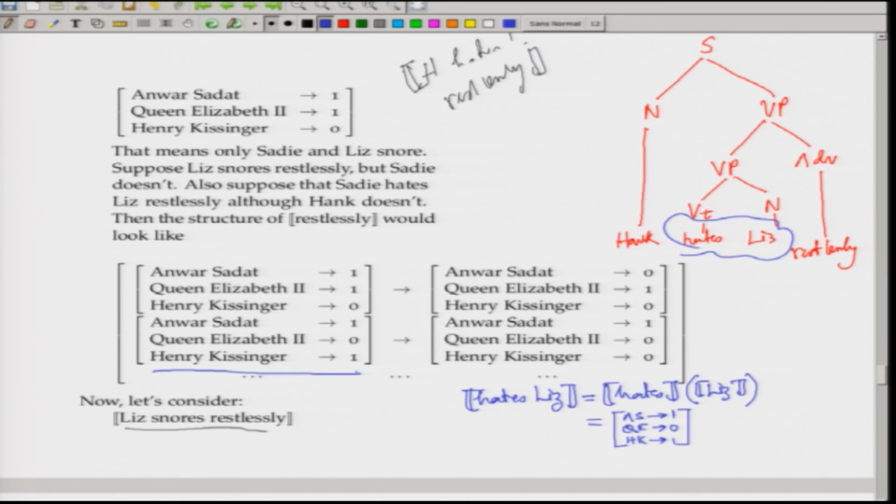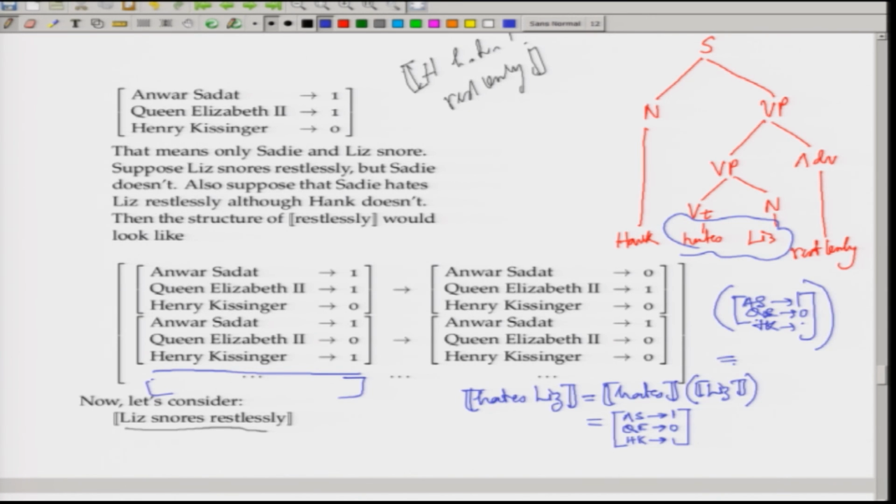It is because we are not considering just hates or Liz, we are considering hates Liz. Hates Hank will also be something like this, a different thing here. We are not considering that, but we could have extended it. We are now considering hates Liz. So, hates Liz is this function, and this function will now be given to restlessly as an argument, that is AS 1, QE 0 and HK 1.